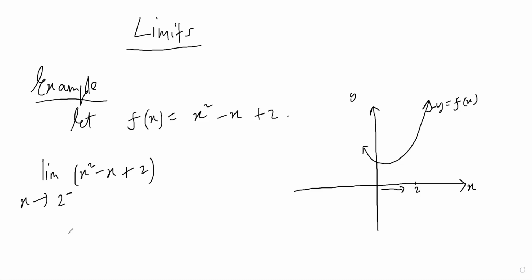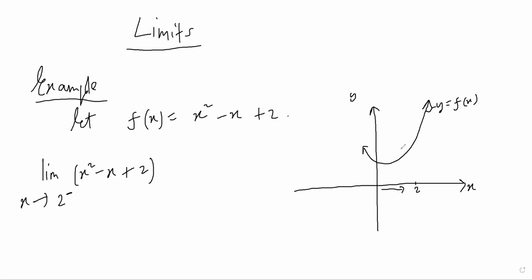What I'm saying is I'm finding the limit of the function x squared minus x plus 2 as the x values are approaching the number 2 from the left side. And that's what my arrow here is showing.